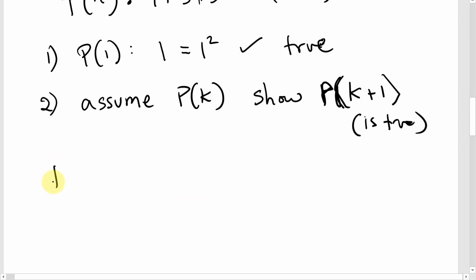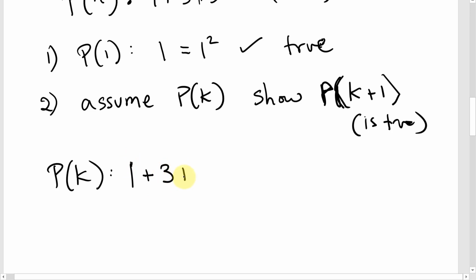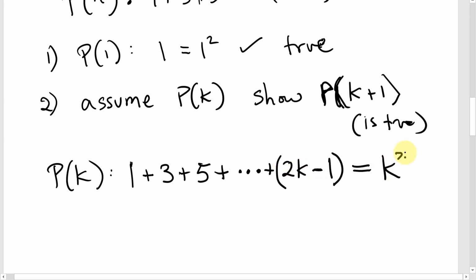So p of k, for some arbitrary integer k bigger than 1, some natural number, would be the sum of the first k odds: 1 plus 3 plus 5 plus, continuing up to 2k minus 1, equals k squared.